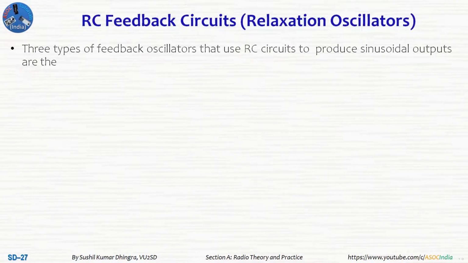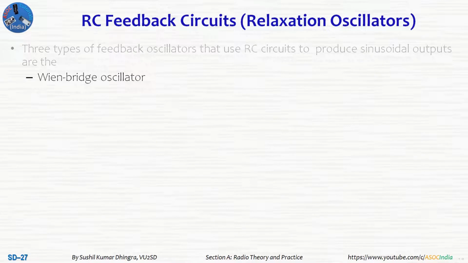There are three types of feedback oscillator. Normally they use RC circuits to produce sinusoidal output, and they are the Wien bridge oscillator, the first one I am going to discuss today, the phase shift oscillator, which is another one I am also going to discuss, and the twin-T oscillator, two RC networks working in parallel.